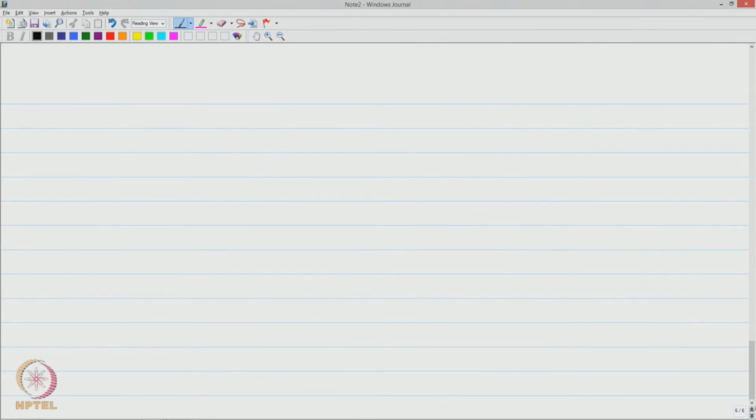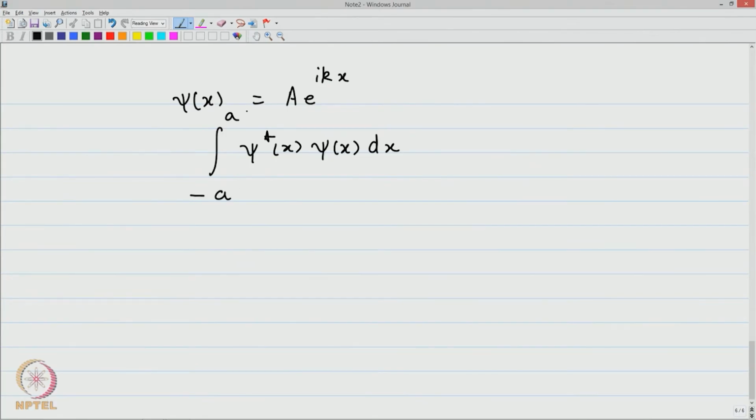Then it is possible to find a normalization constant, because if we assume psi of x to be A e to the i k x, then the integral of psi star x psi of x dx between the limits minus a to plus a, because the function is defined only in that region and we assume that it is 0 everywhere else, is nothing other than A star times the integral from minus a to plus a of 1 dx, and that is A star times 2a.